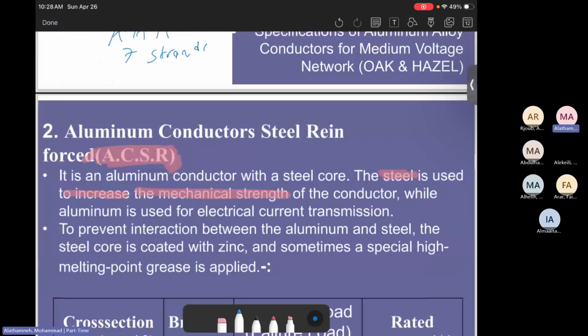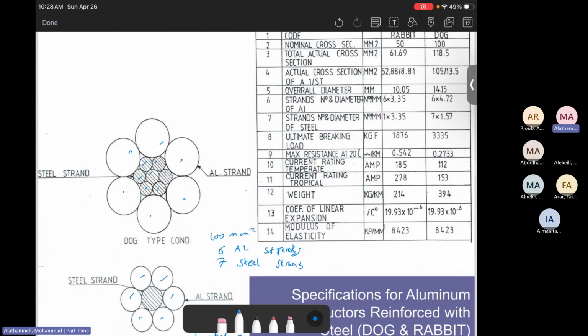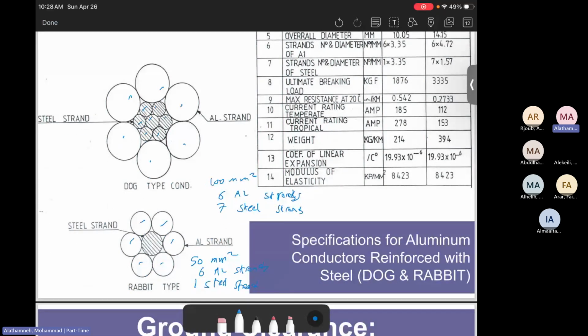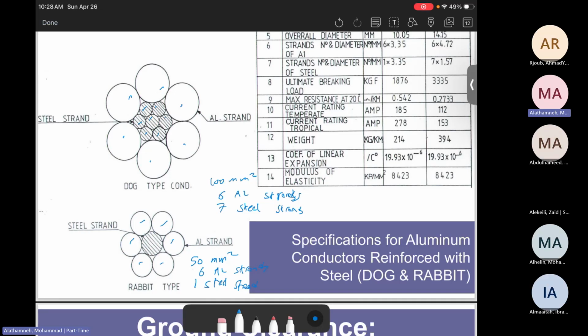However, in this scenario, if it is dog, there are 6 outer aluminum and 7 steel strands. While for the rabbit, which has a smaller radius and lower cross-section area, we have only 6 aluminum strands and 1 steel strand. That's something you need to know to understand the difference between them.